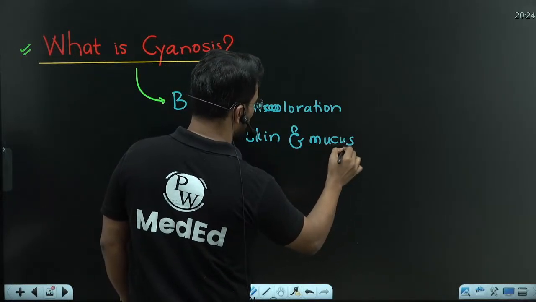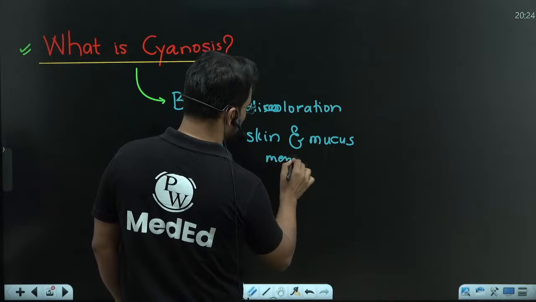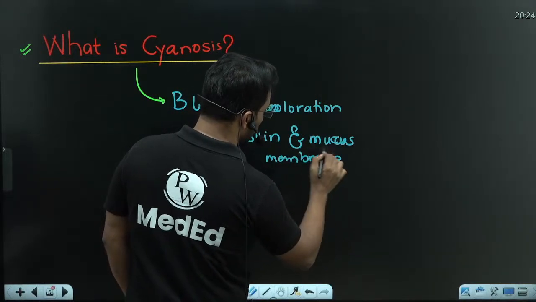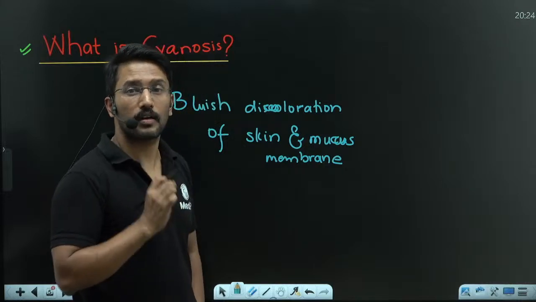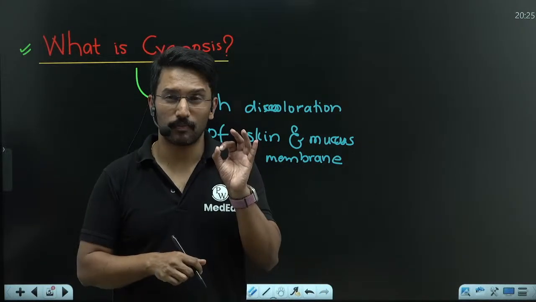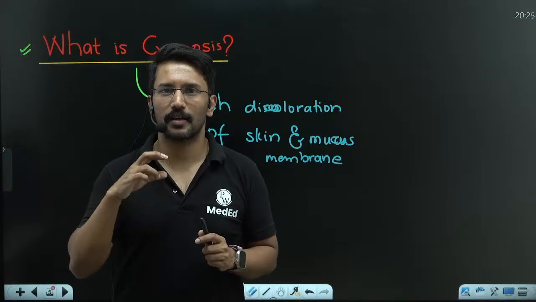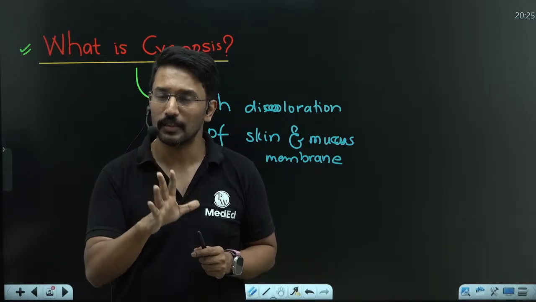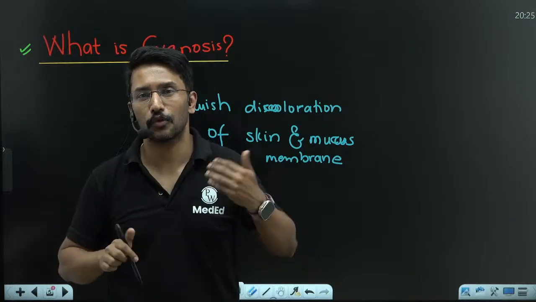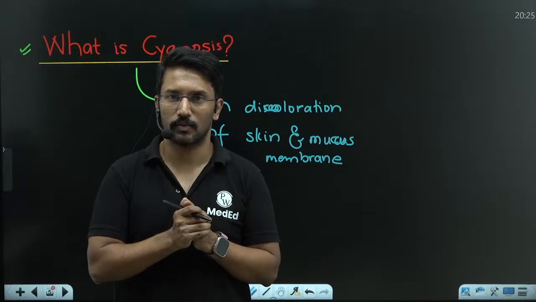For bluish discoloration of skin and mucous membrane to happen, I need a certain amount of deoxygenated or reduced hemoglobin. Remember, the oxygenated hemoglobin is bright red. It is the reduced hemoglobin which appears as blue. So when the amount of reduced hemoglobin increases, it gives a blue tint to skin and mucous membrane.